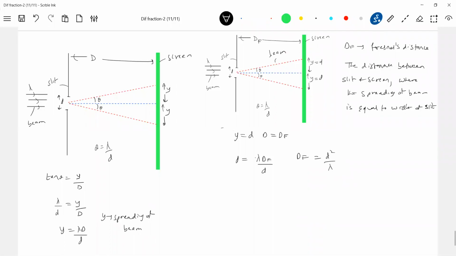Okay, next, again, I'm going for the width of the slit here. Any condition for the width of the slit? I'll put it like this. This is a very important conclusion I make.